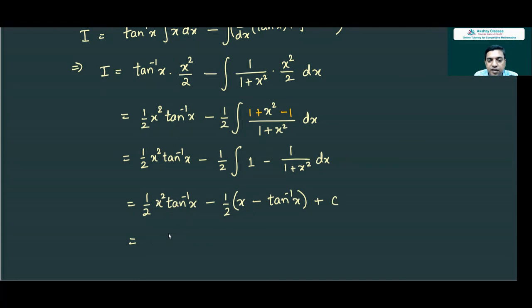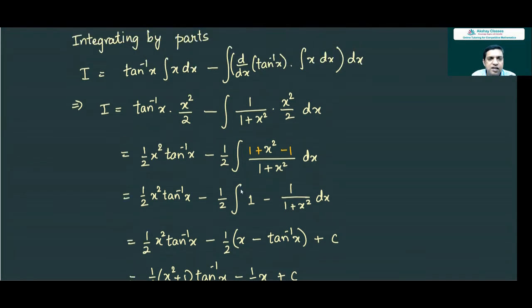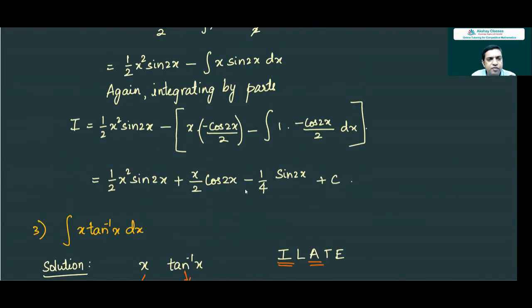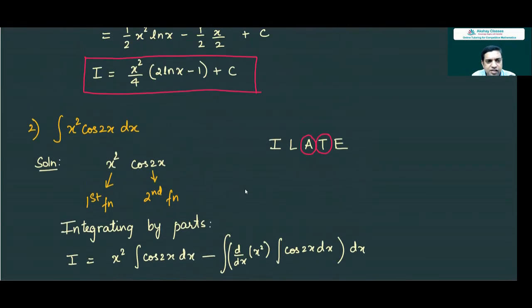So we can simplify: half times x square plus 1 tan inverse x, I am adding the tan inverse x terms, minus half x plus c. So this is integration by parts with an inverse trigonometric function and an algebraic function.